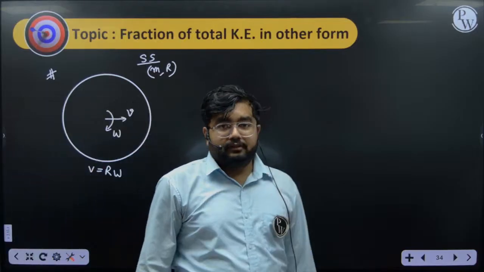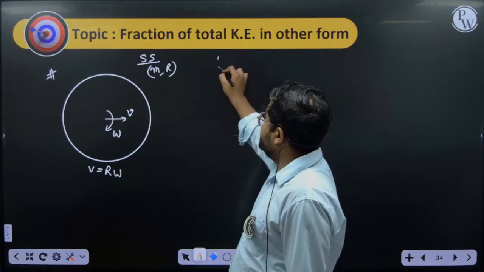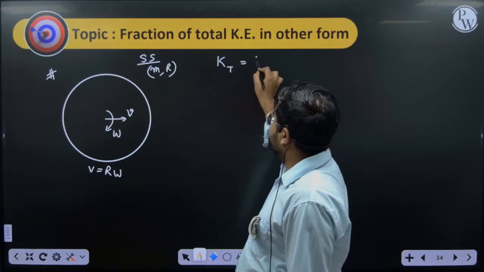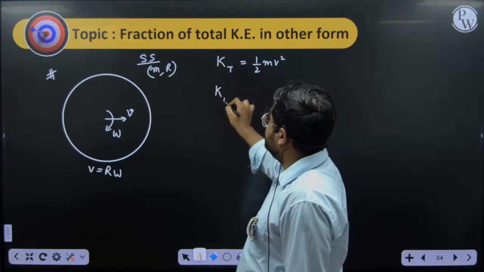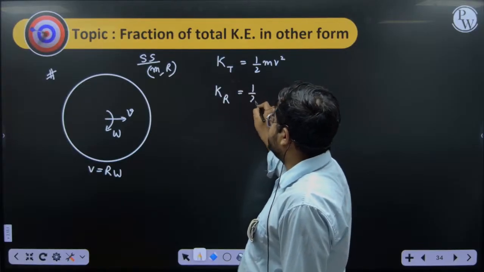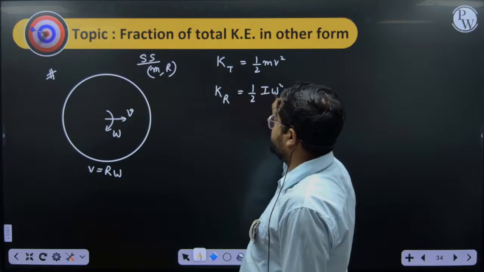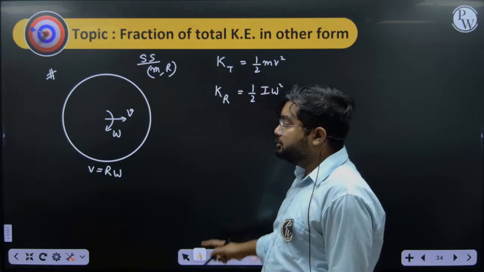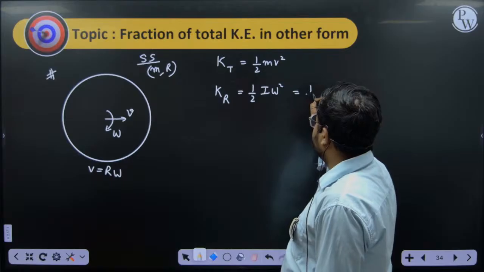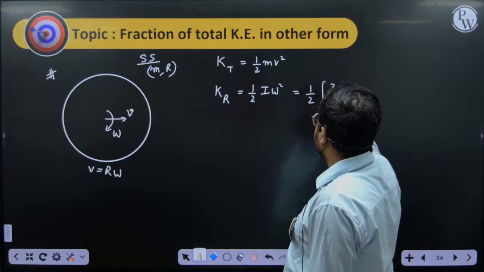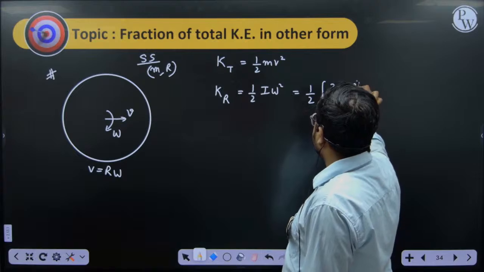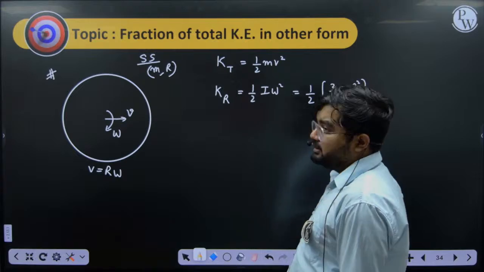Then we can write its translational kinetic energy as half mv square, its rotational kinetic energy as half I omega square. Now what is its moment of inertia? Moment of inertia here is 2 by 5 mr square, right?